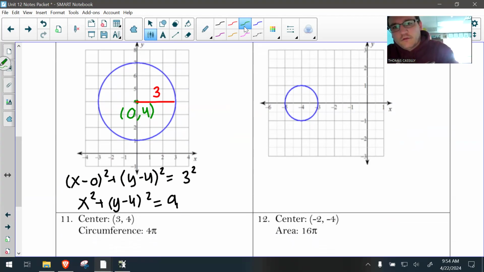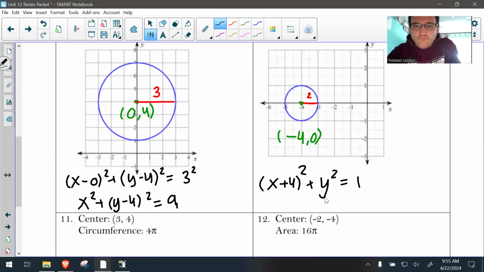And one more here. So you have a center at -4, 0. And it looks like we have a radius of 1. Keep in mind these units, each kind of faint spot is 0.5, I guess. All right, so if we were to do this all in one go here, we're going to have x squared. No, we're not. We're going to have x plus 4 squared plus y squared equals 1.